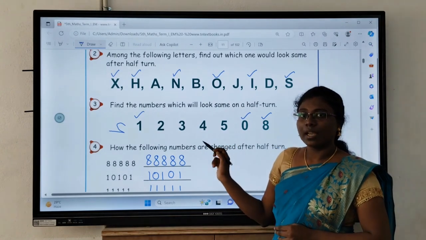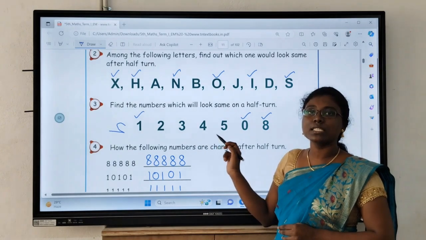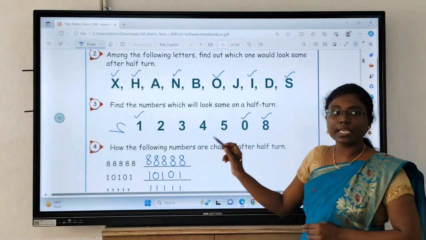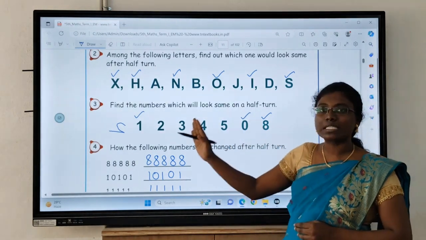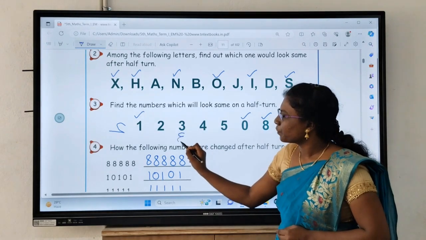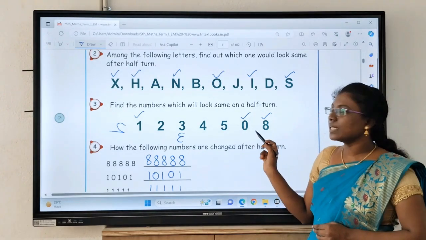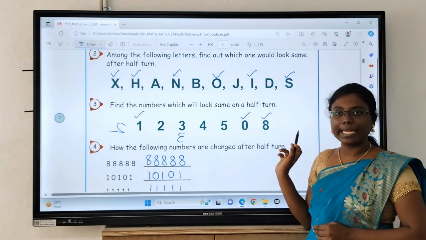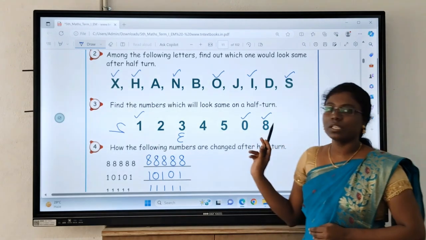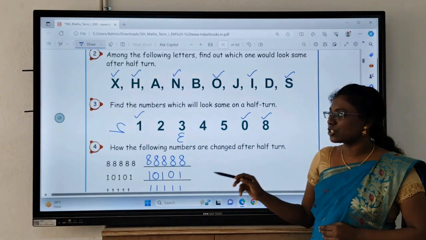Next 3. If I turn the 3, it will also not remain the same, because it will also look like the opposite side. So the answers are 1, 0 and 8. These are the answers for the third question.